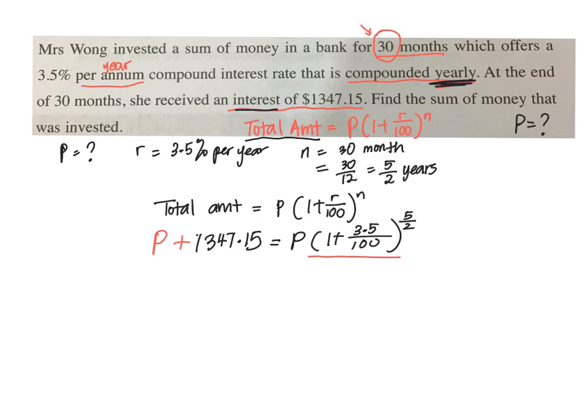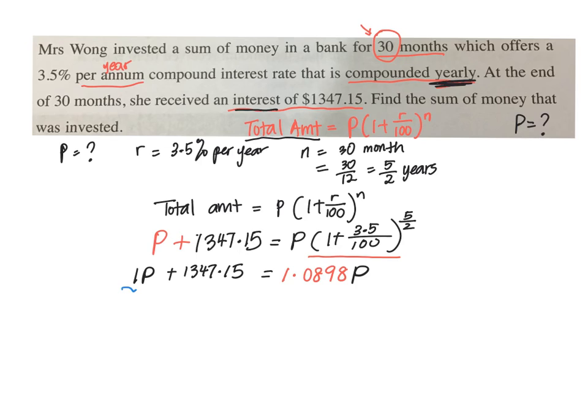This gives me a value, 1.0898 times P. And this is 1 unit of P plus 1347.15.